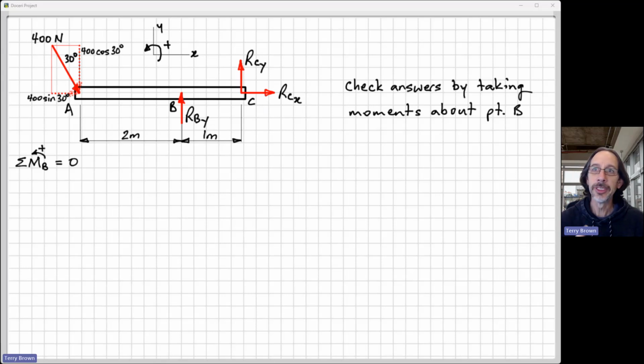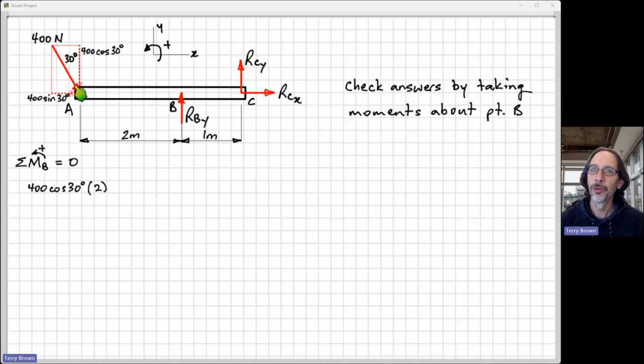So now what I'm going to do is to just redo the problem and take moments about a different point. So here, this time I'm going to take moments about point B. Okay, again, very important that I've got as my subscript here, B, to indicate that's where I'm taking moments about. All right, so let's work our way from left to right again, like we did before.